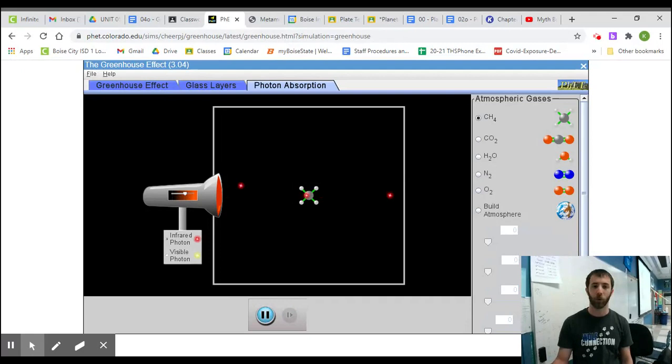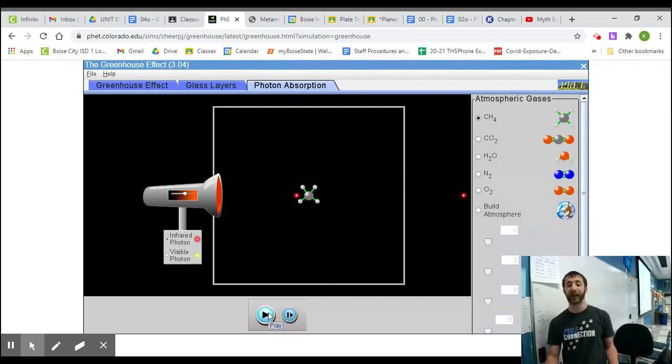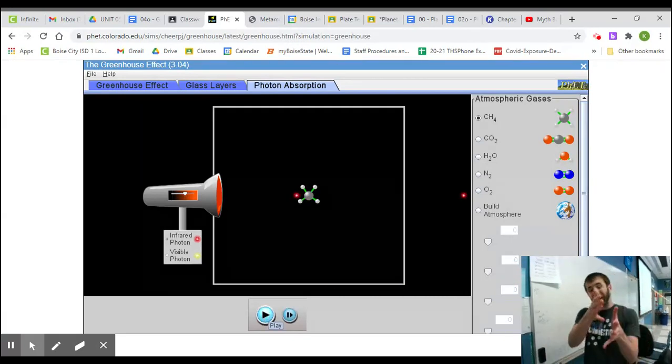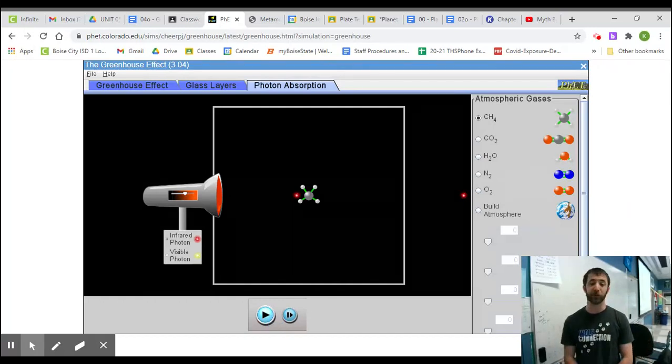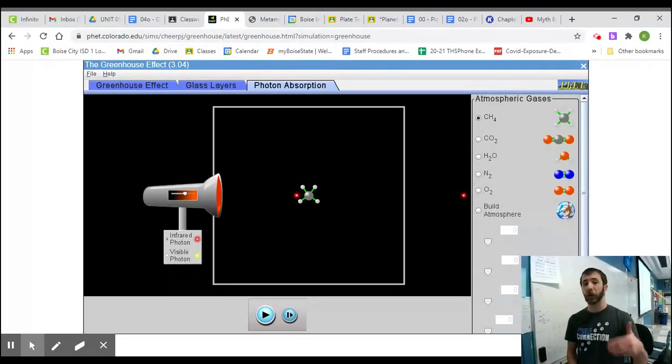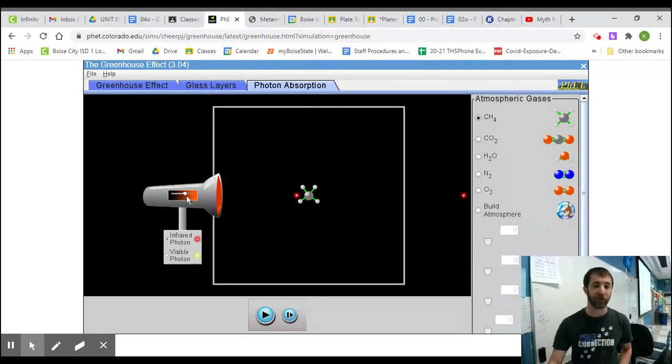There's one. 1, 2, 3, 4. While I'm keeping track of 50, I'm going to let 50 go through there. While I'm counting up to 50, and I'll pause after 50, you're counting how many are absorbed. So just make sure that you're following along and counting how many are absorbed. If it goes through, ignore it. We're going to figure out how many out of 50 are absorbed.